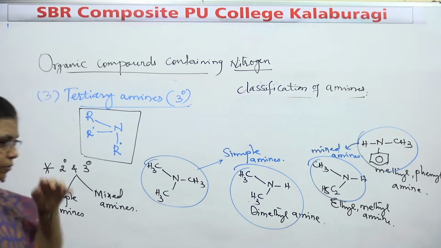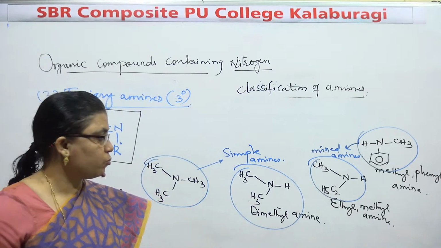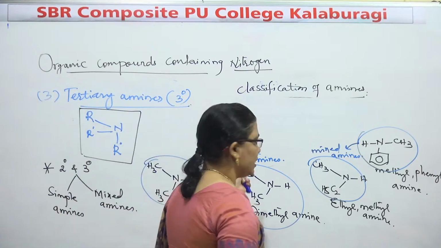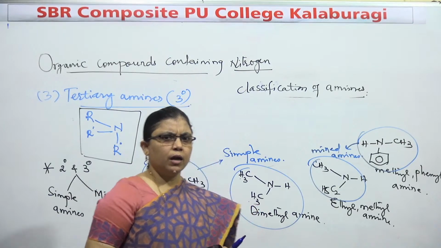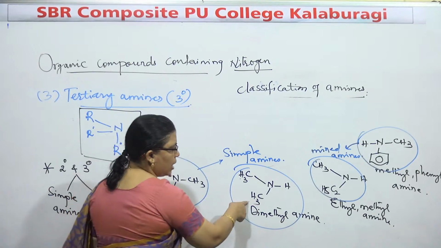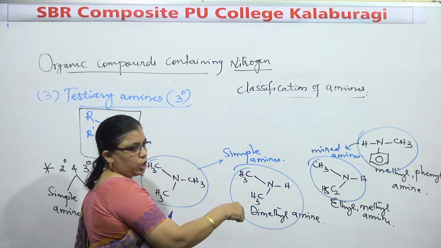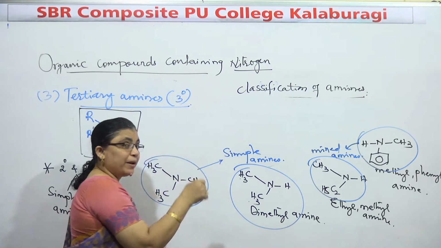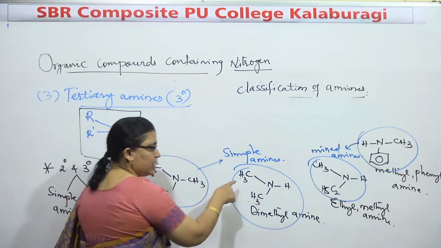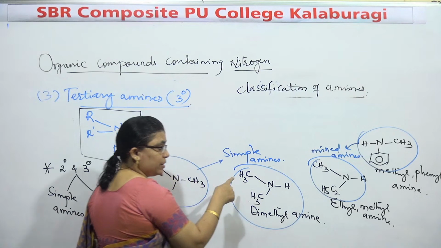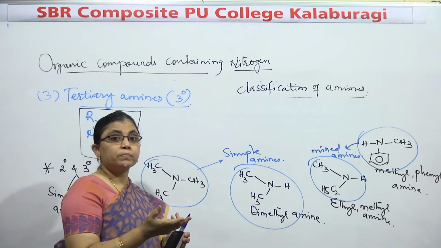On the basis of number of alkyl group or aryl group, they are classified as primary, secondary and tertiary. Now the question arises that if R is only alkyl, maybe primary, maybe secondary, maybe tertiary, that means depending upon the nature of carbon chain, they may be derived from alkyl, they may be derived only from aryl, they may contain alkyl.